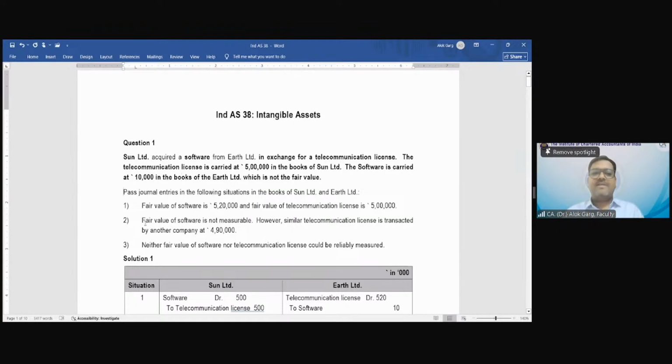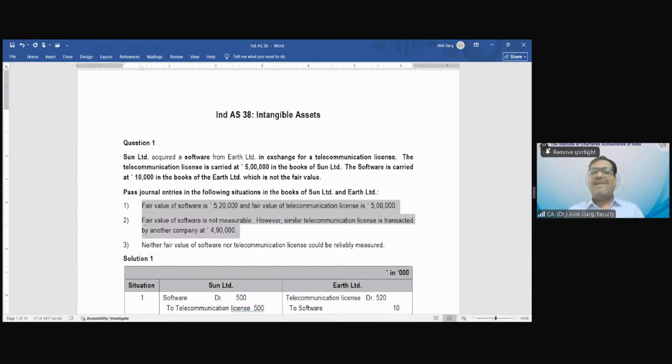Pass journal entries in the following situations in the books of Sun Limited and Earth Limited. They have given some situations. First, fair value of software is 5,20,000 and fair value of telecom license is 5 lakh.